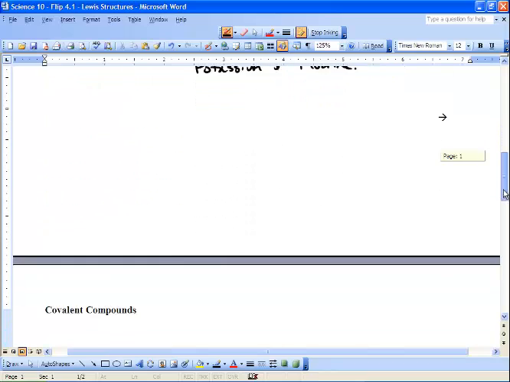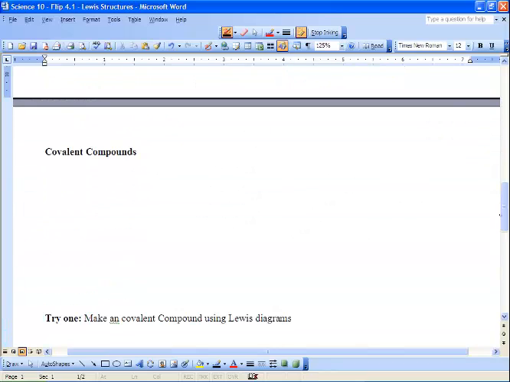Next, we've got covalent compounds. Now remember that covalent compounds are a nonmetal and a nonmetal. So we're just looking at the right-hand side of our periodic table of elements.